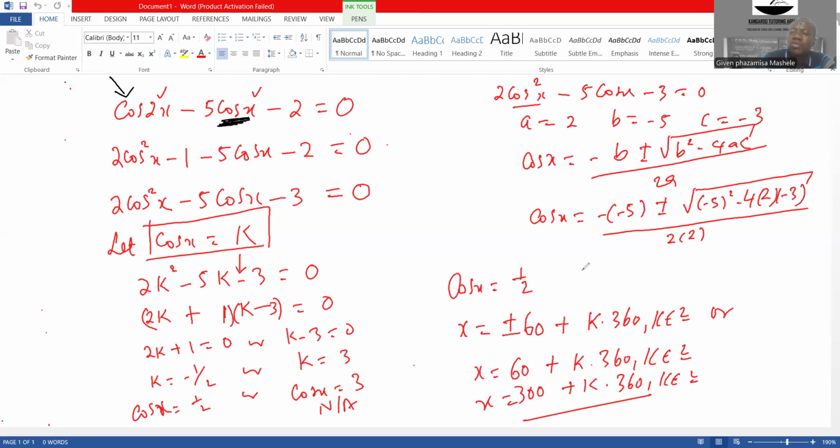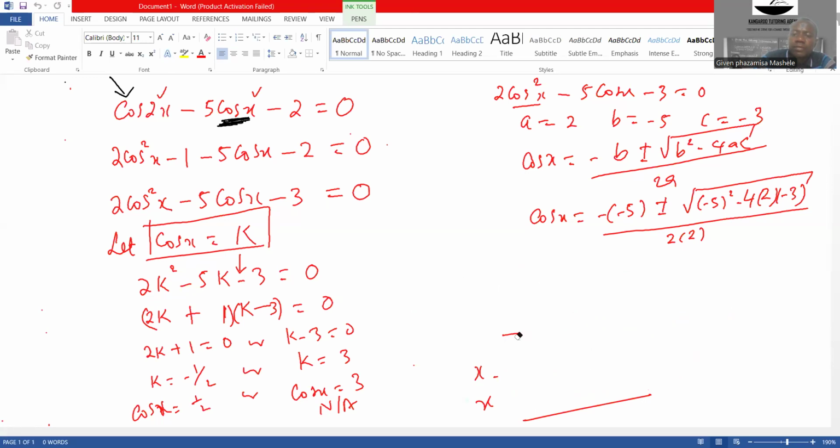So here you're going to have cos x equals, you see here we got plus minus 6, right? Okay, sorry, let me just erase here. So now cos x equals 5 plus or minus the root of, then divided by 4.